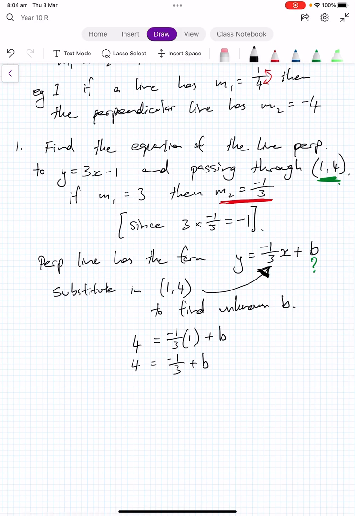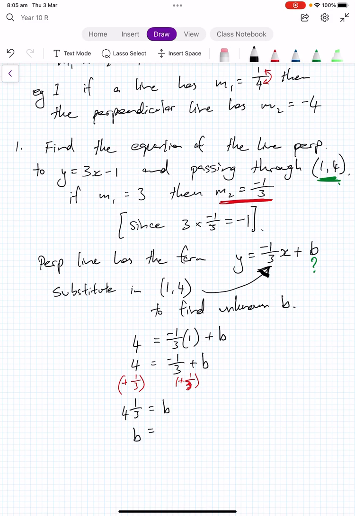Now I need to add 1/3 to both sides, because I want to get rid of this -1/3. How do I get back to 0? Well, I add 1/3, so I add 1/3 to both sides. 4 plus 1/3, you could say 4 and 1/3 if you want, is equal to b.